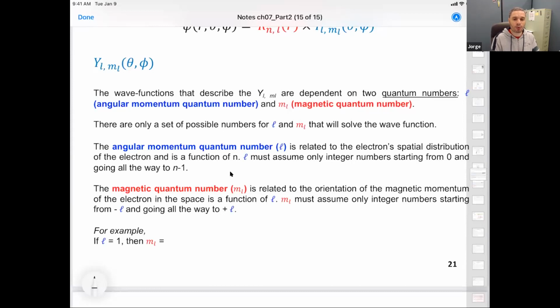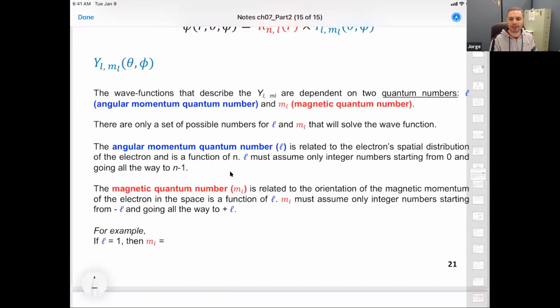The magnetic quantum number is related to the orientation of the magnetic momentum of the electron in space, and is a function of L. Because the electron is a charge and this charge is moving, that creates a magnetic moment. And the magnitude or the orientation of this vector related to the z-axis is the meaning of ML.